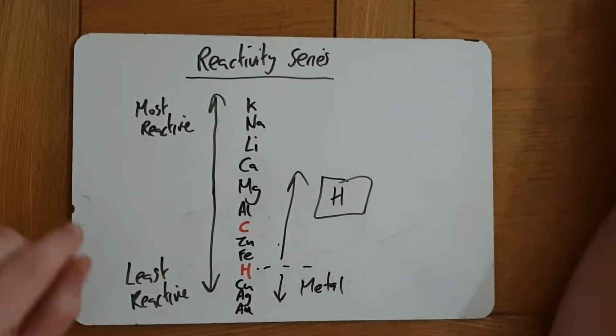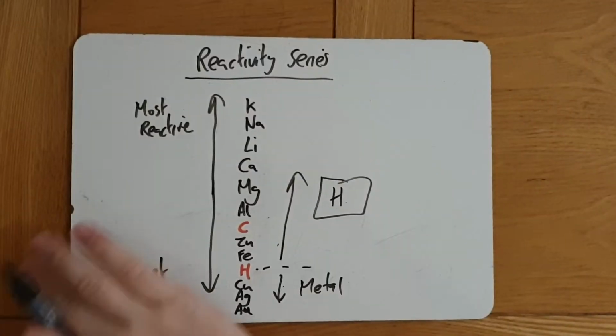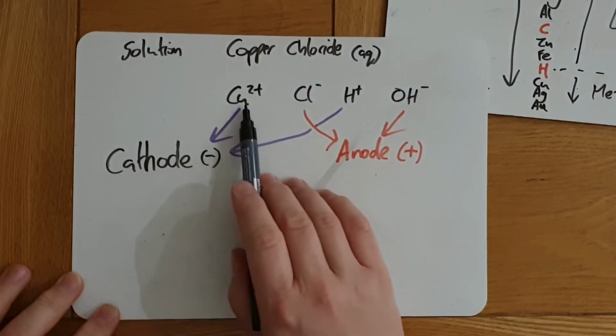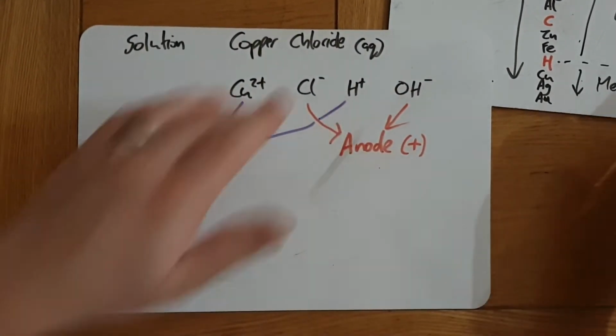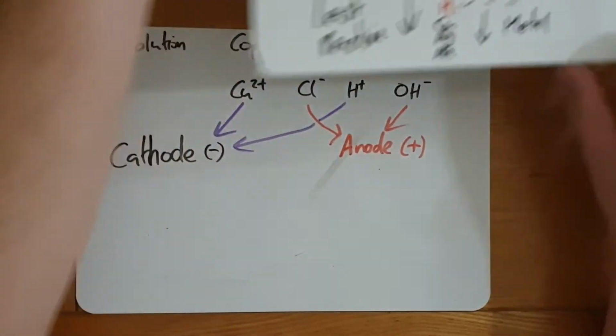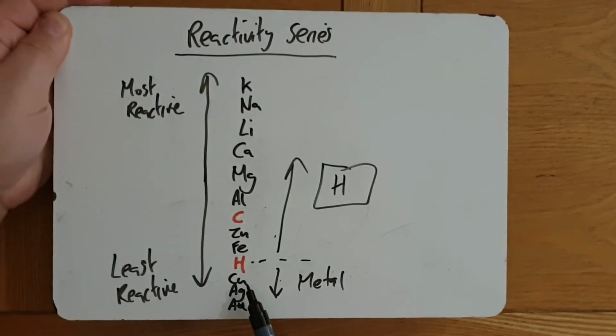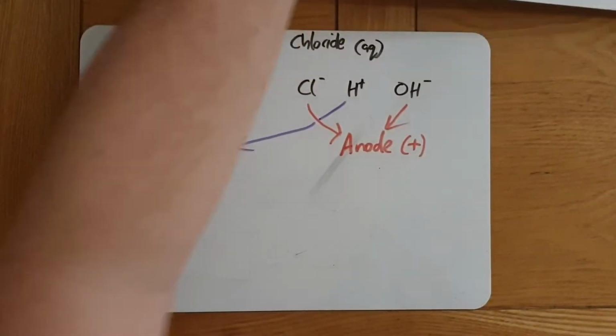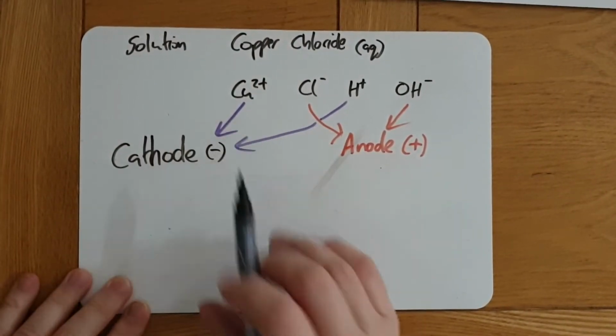Okay, so if we come back over here, let's look at the cathode first. What has actually gone to the cathode? We've got copper and we've got hydrogen. So if we go back to our reactivity series, we can see copper is less reactive than hydrogen, which means we will make the metal. So we're going to make copper.